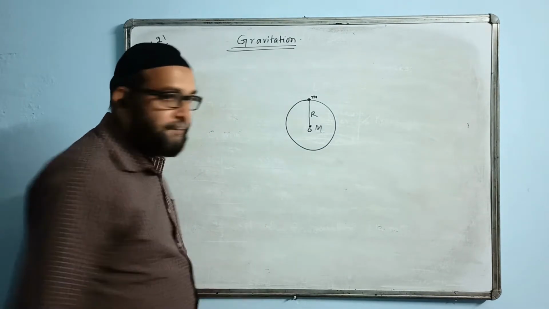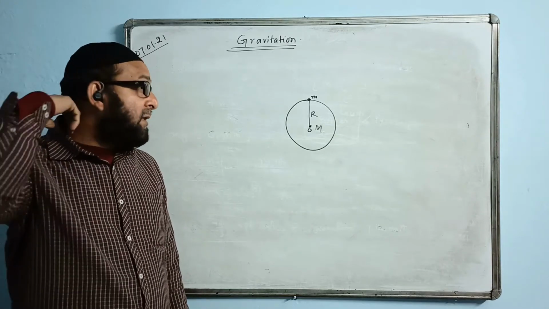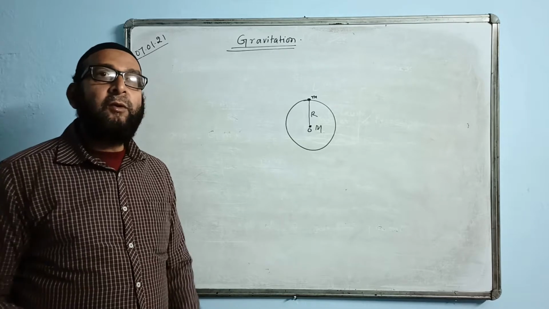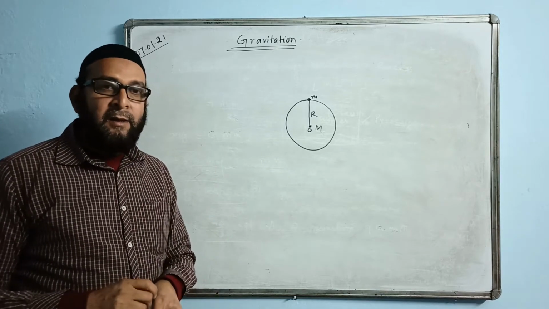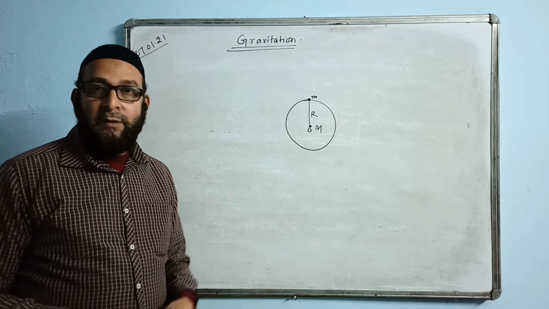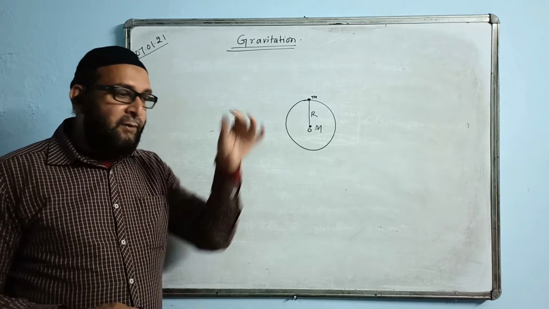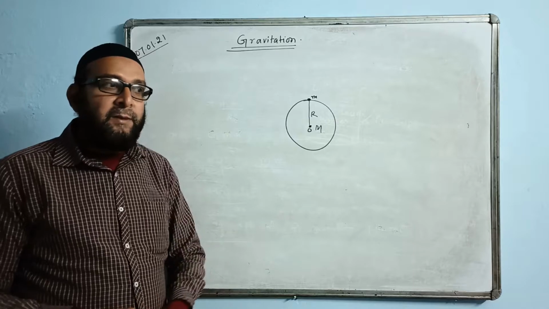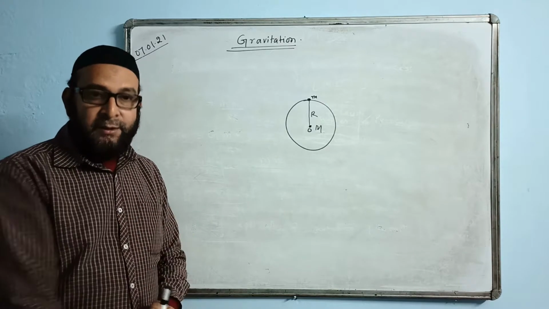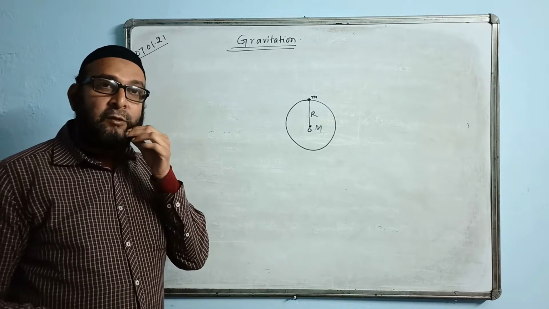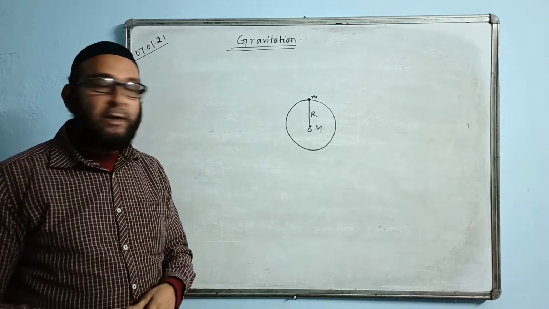Next heading is small g and capital G. One major difference is that the value of g changes from place to place. When we go to high altitude, the value of g will change. When we go below the surface of the earth, that is, into the depth, there also the value of g changes. It varies from place to place, and in vacuum it is 0, you know that.